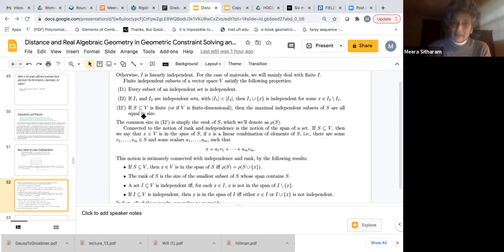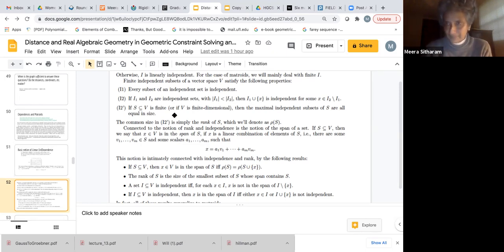That's another simple property of vector spaces. And the maximal independent sets are always of equal size. You can take different bases, different subsets of this vector space that happen to be independent, and the maximal ones always have the same size.